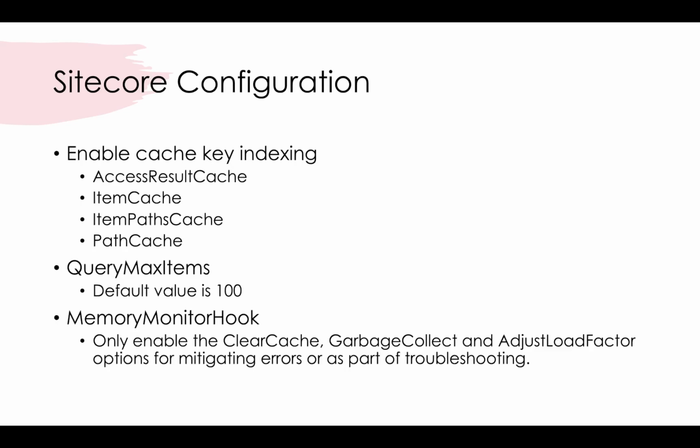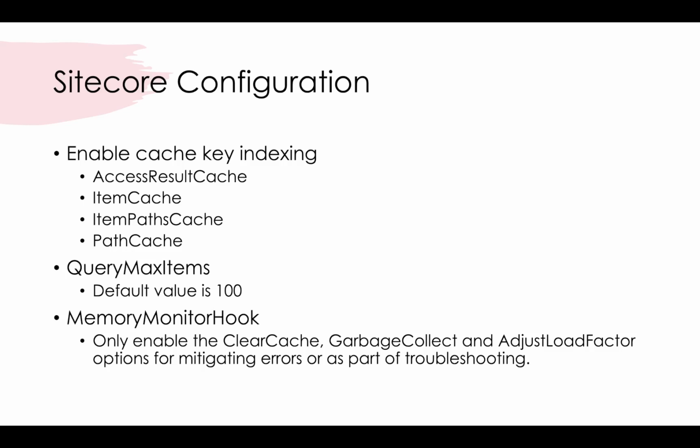Sitecore configuration also makes sure that Sitecore is configured properly. Most of the configuration settings are set up correctly and good to go from the beginning, unless you're doing a migration or upgrade from a previous Sitecore installation.